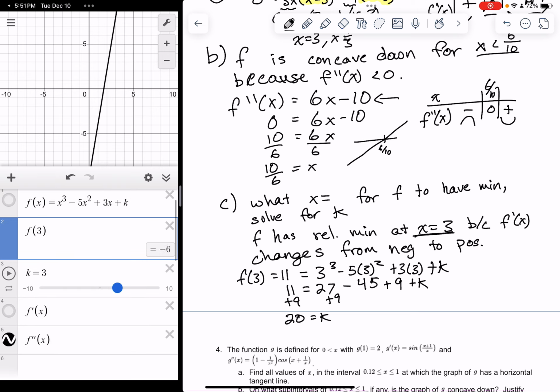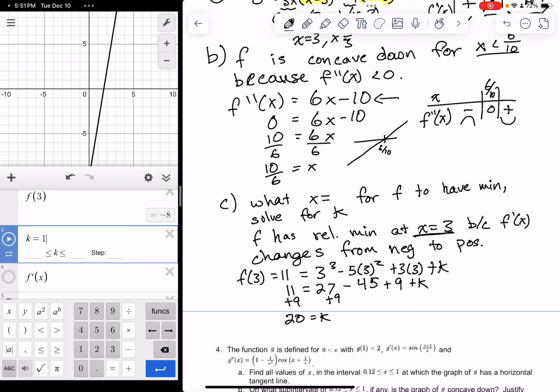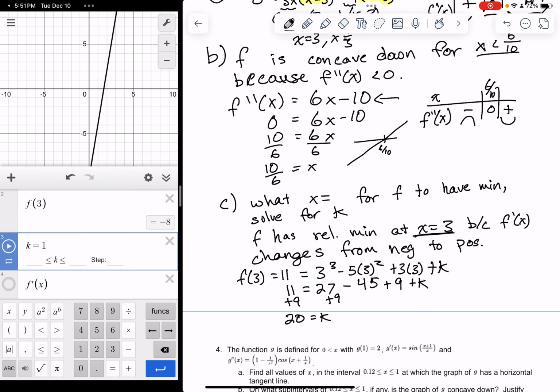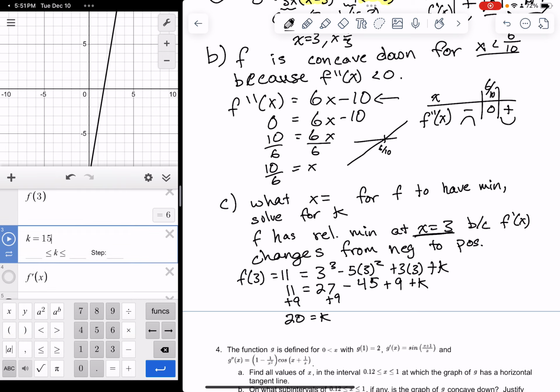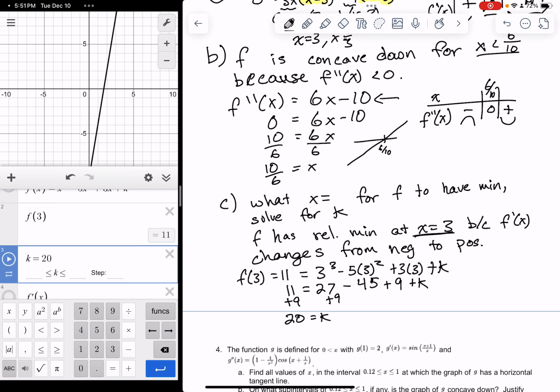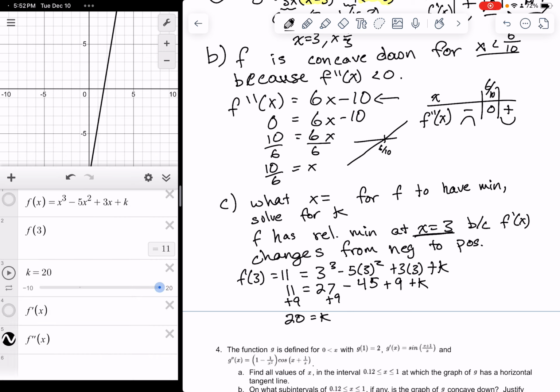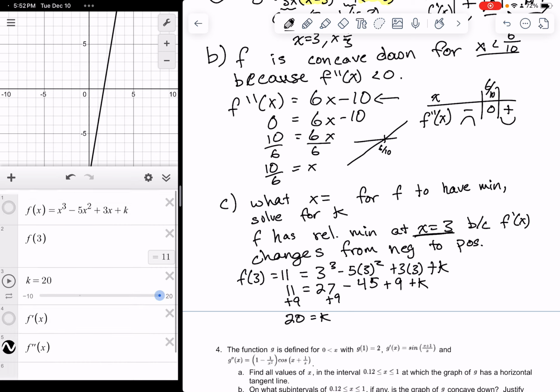I could just slide this until I get to a number, and I know I have to keep going higher. If k equals 15, that only gets me to 6. If k equals 20, that gets me to the height at f of 3 equals 11. That would be enough. I could just say that k equals 20. I don't necessarily have to show all the algebra, especially if I'm submitting pictures for Mr. Butler's class of the graph with some of these things.